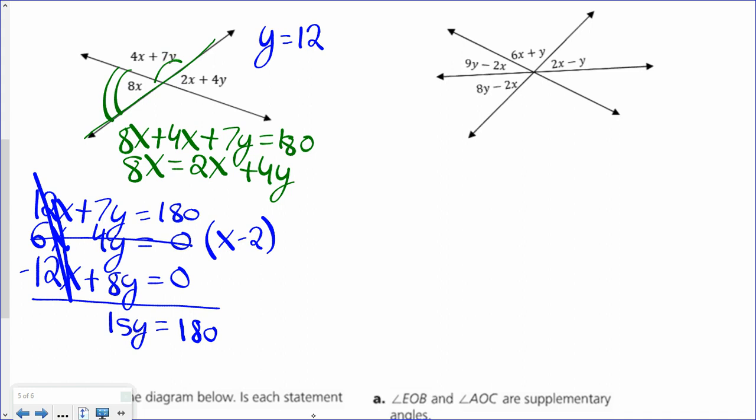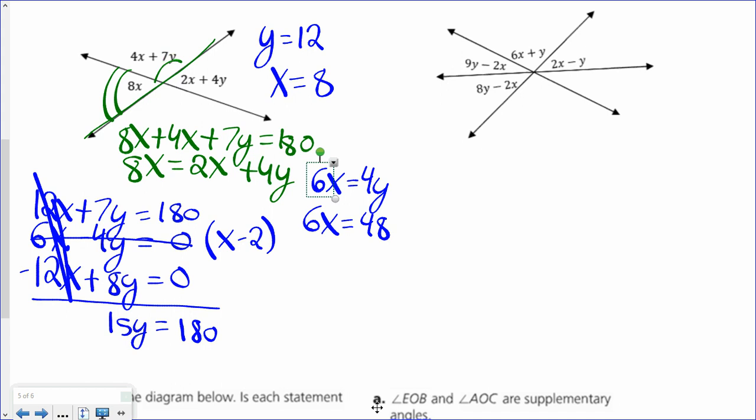I'm going to rewrite this as 6x equals 4y. You just want to neaten it up a little bit. So if I plug in the y, I would get 6x equals 48. What's 48 divided by 6? 8. So x is equal to 8.